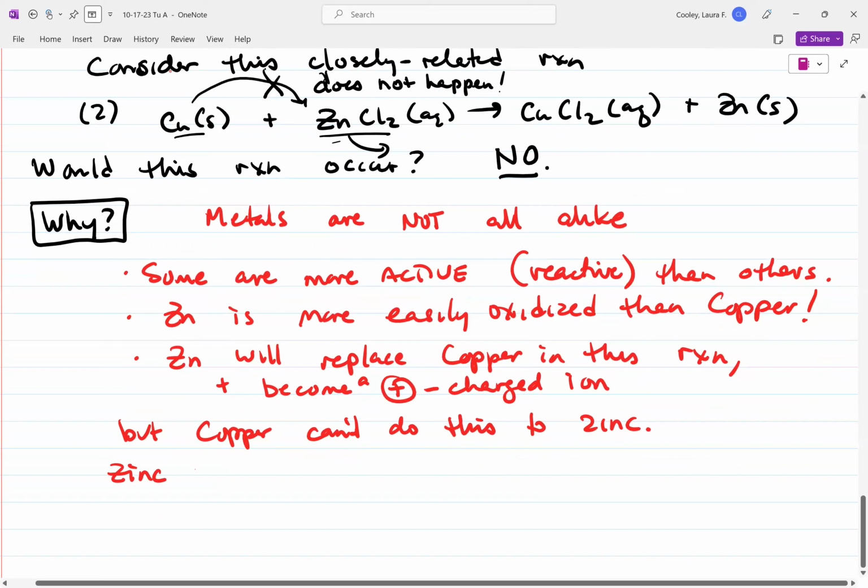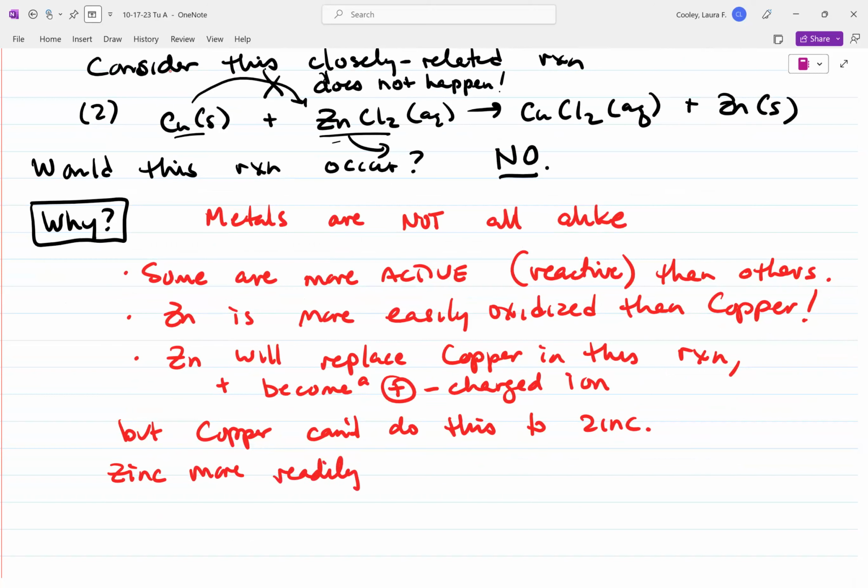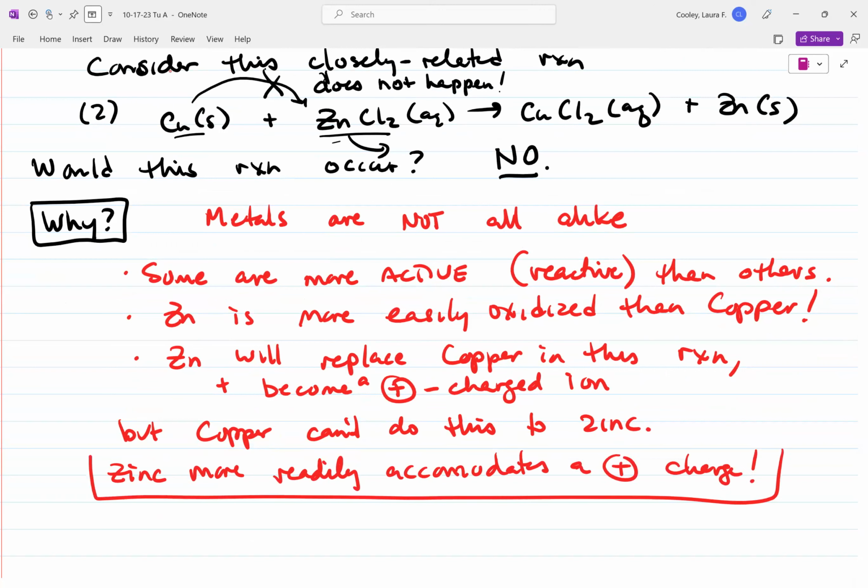It's a way of saying that zinc more readily accommodates, I don't know how else to say it, a positive charge. So it's easier to get a positively charged zinc than copper.